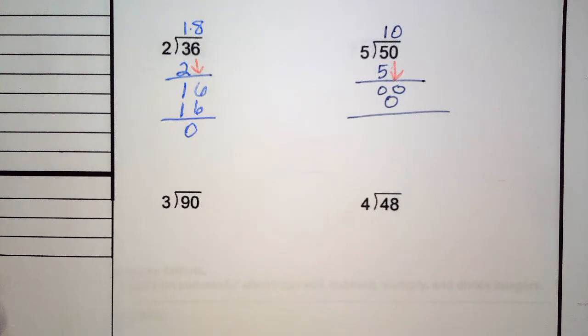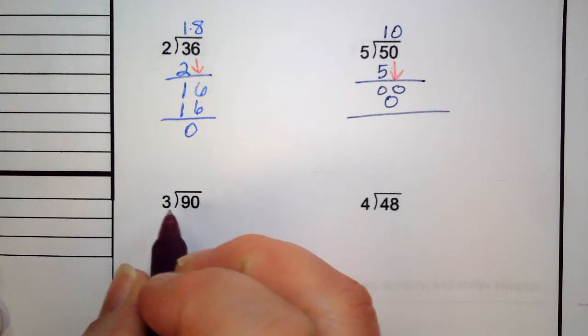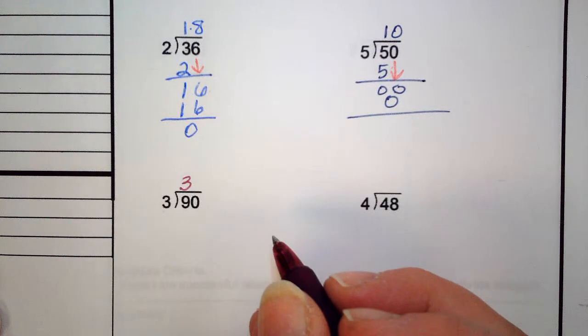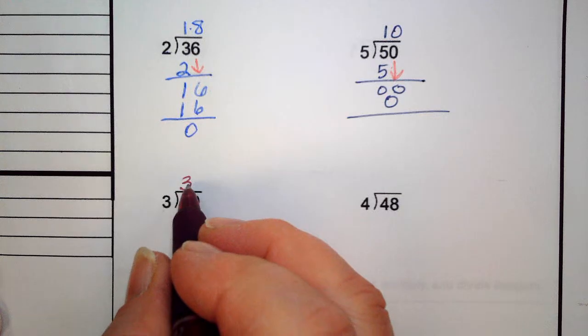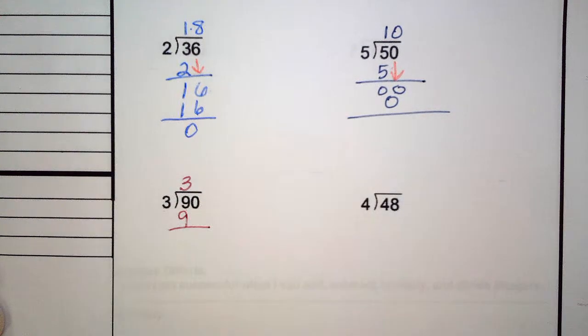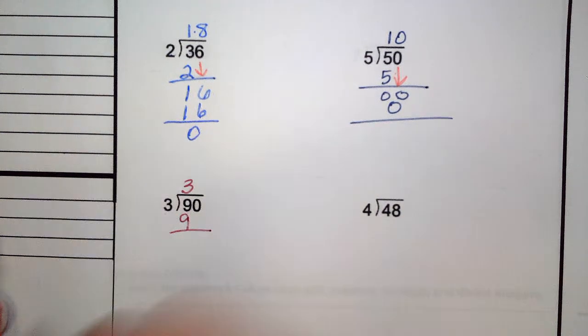Okay, let's look at the next one. Step 1, divide. 9 divided by 3 is 3. Step 2, multiply. 3 times 3 is 9. Step 3, subtract. 9 minus 9 is 0.